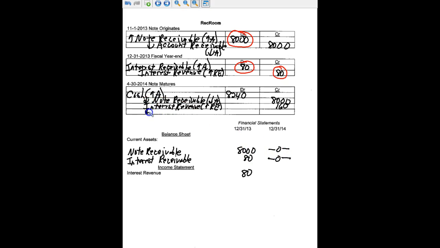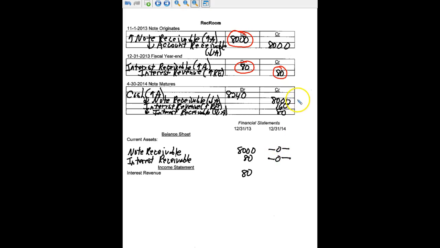So to get it there, we will credit interest receivable to zero that out. So we'll reduce interest receivable $80. So the account had $80 in it. We're just reducing it 80. Now the balance will be zero.